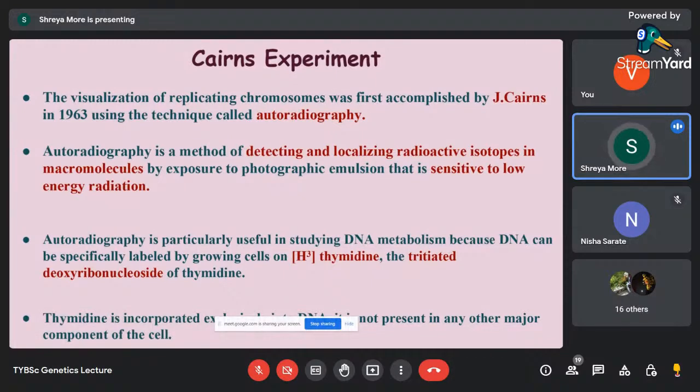It is used particularly in studying DNA metabolism because DNA can be specifically labeled by growing cells on tritiated thymidine, the tritiated deoxyribonucleoside of thymine. Thymidine is incorporated exclusively in DNA and is not present in any other major component of the cell.